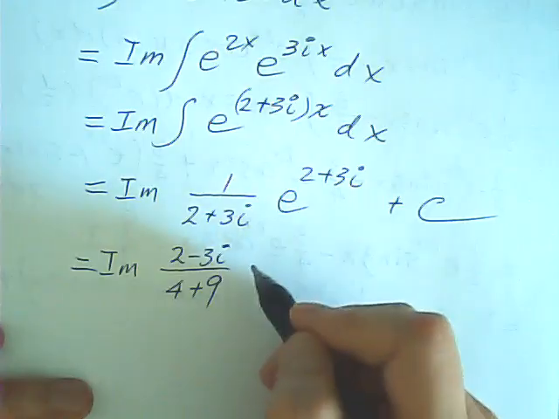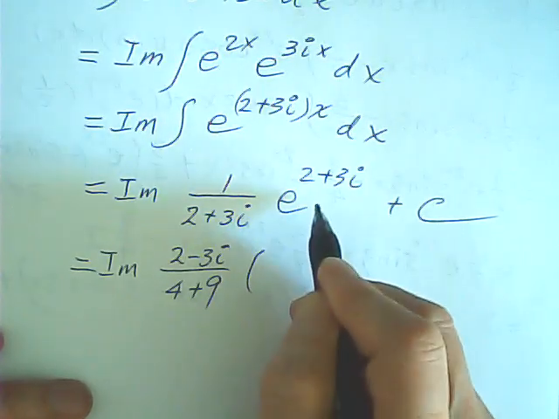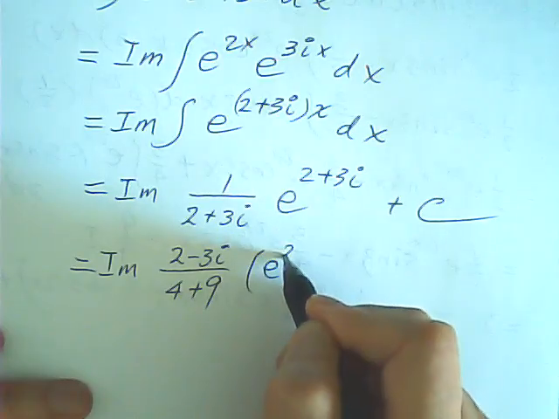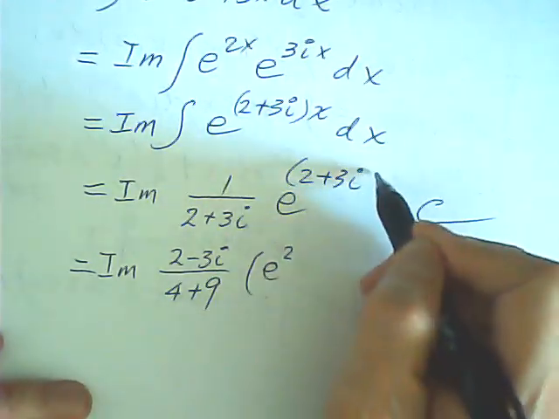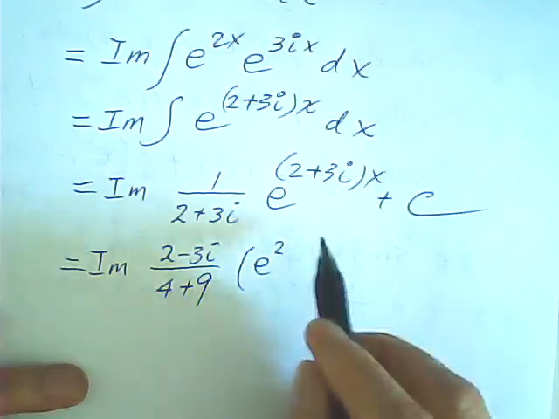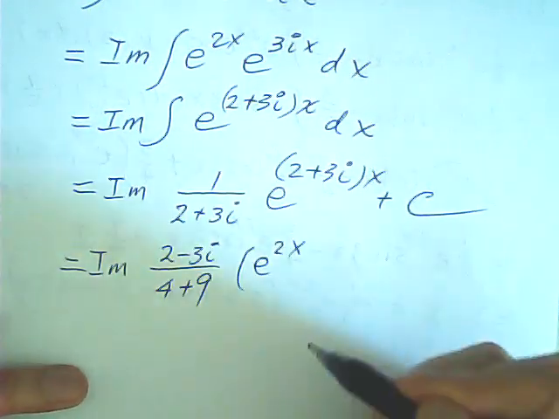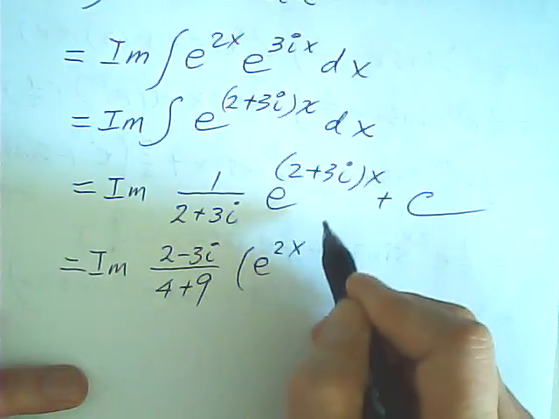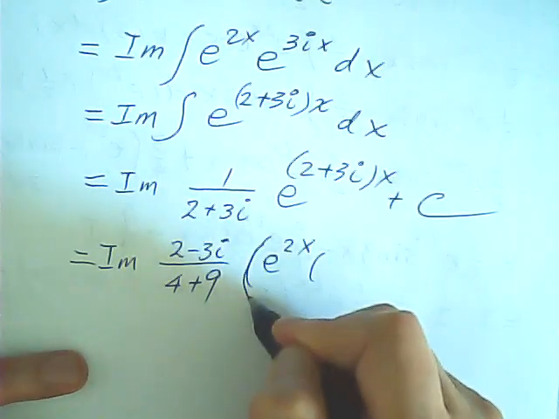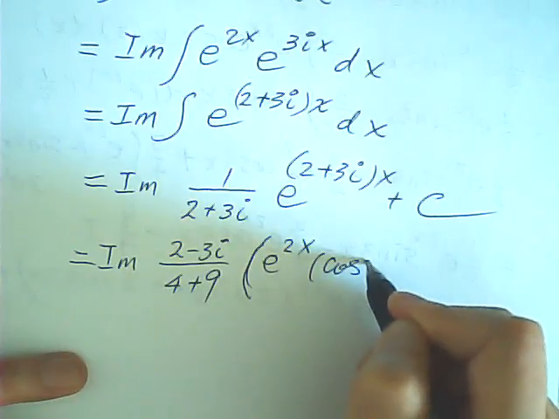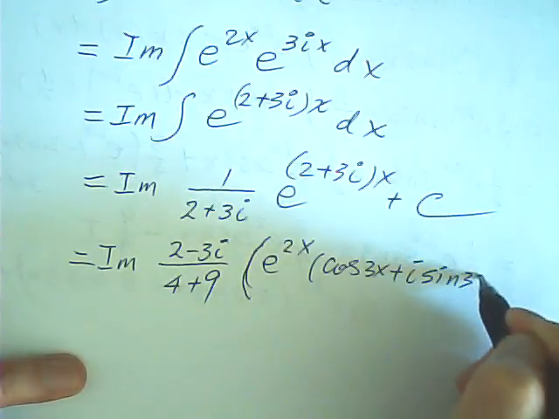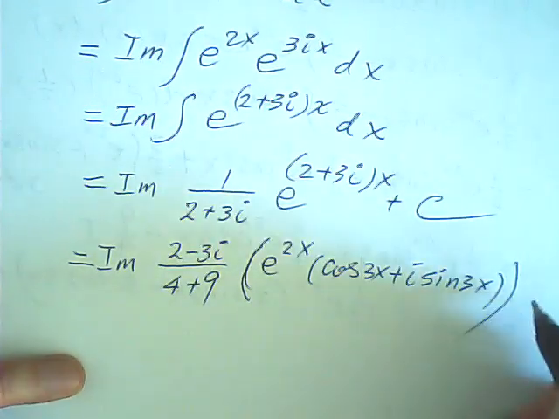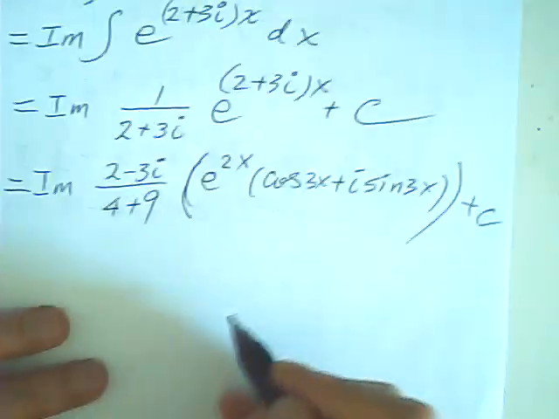Now, this is equal to what? This is equal to e to the 2x, yes, I forgot x, right? Yeah. Okay, that is e to the 2x multiplied by cosine 3x plus i sine 3x. Let's see, right? Yeah.